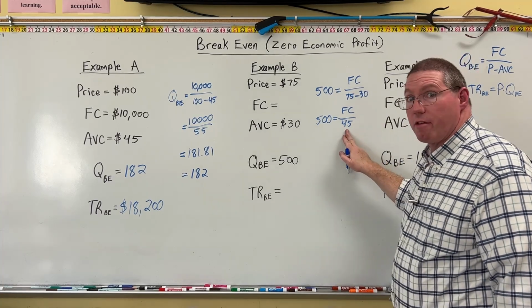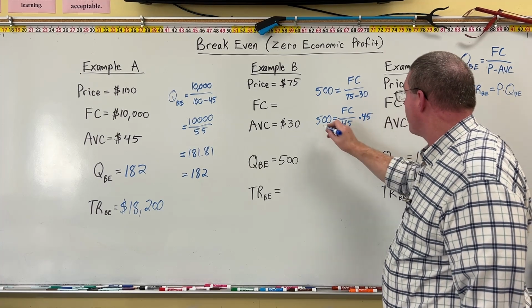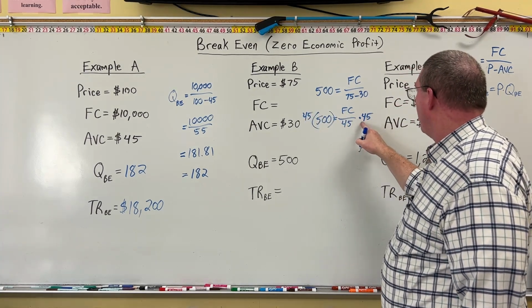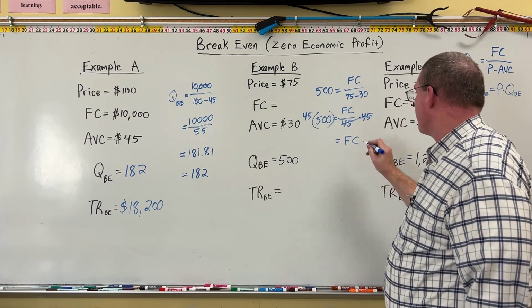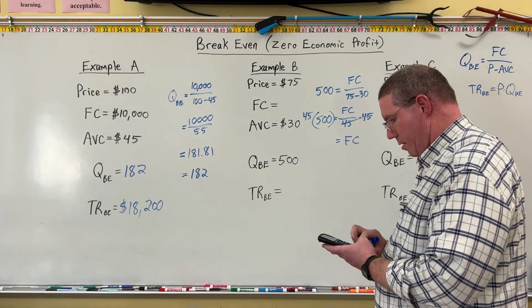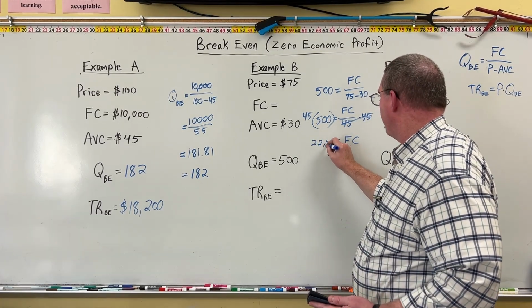Now, to cancel this denominator, we need to multiply by the denominator on both sides. So we're going to multiply by 45 on both sides. On the right side, it's just going to cancel the denominator, and we have fixed costs over here. And then over here, we're just going to do 45 times 500, and that gives us 22,500.